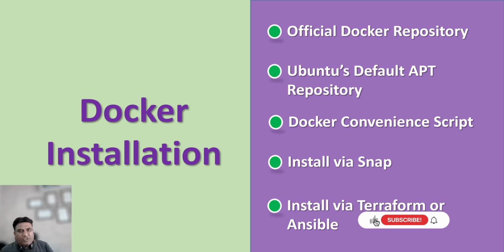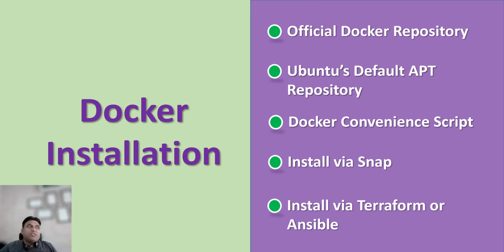Being a fresh DevOps engineer, many times a beginner DevOps engineer often gets confused about which method to follow in order to install the Docker. So I just suggest, if you are a beginner or expert, go with the official Docker installation repository. This is the recommended way to install the Docker.